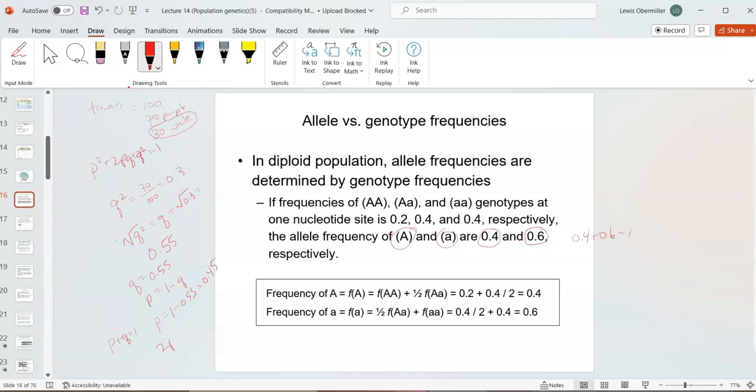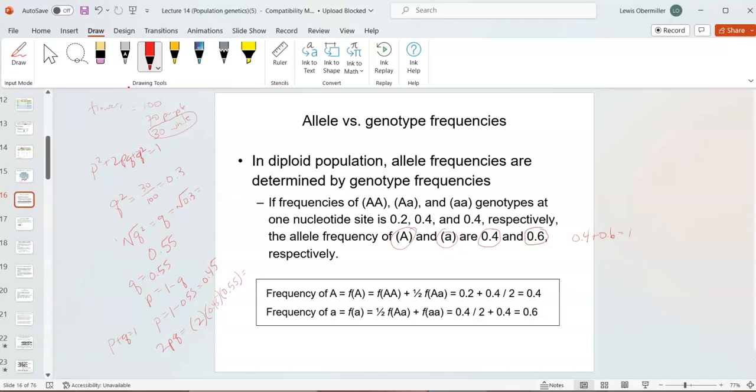And now we can calculate 2PQ because we have P and Q. We can also calculate P squared. So we have 2 times P, which is 0.45, times Q, which is 0.55. And that's going to give us the percent of heterozygous.